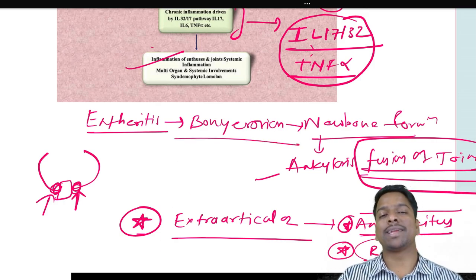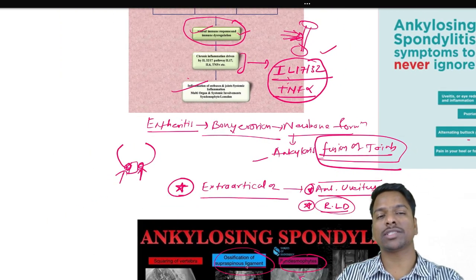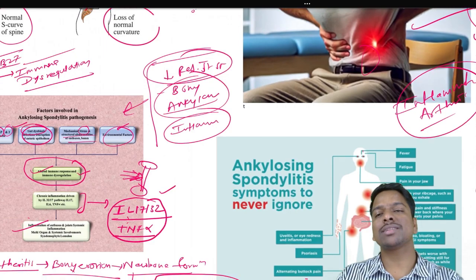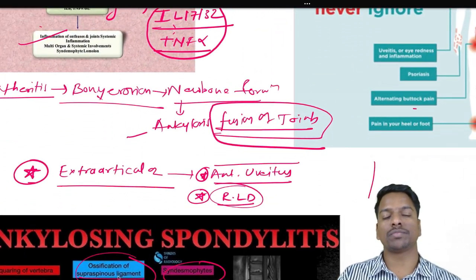On examination, you will see there is stiffness of the spine, and there is a positive Schober's test. What is Schober's test? Schober's test means you ask the patient to bend the spine. This is the person standing and you place two marks over here, let's say 10 centimeters apart.